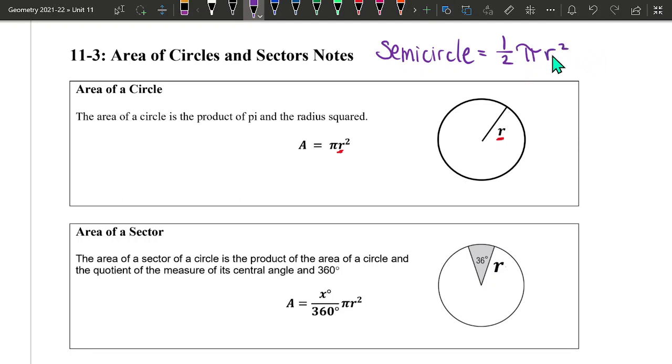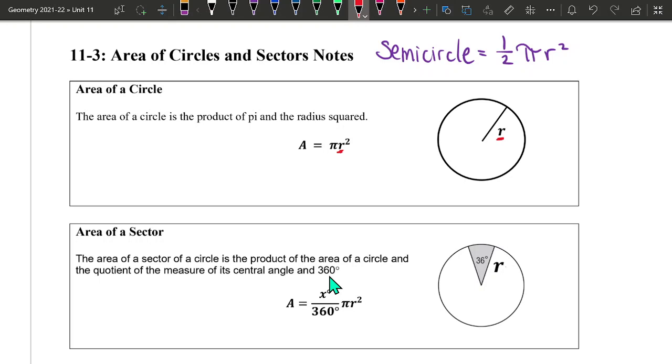And then area of a sector is the other one. You have the measure of the central angle. In this case, it's 36 degrees. Here it's an X. I really like it with an M, and I'll probably be using an M because that's the way I taught it when we went over circles.